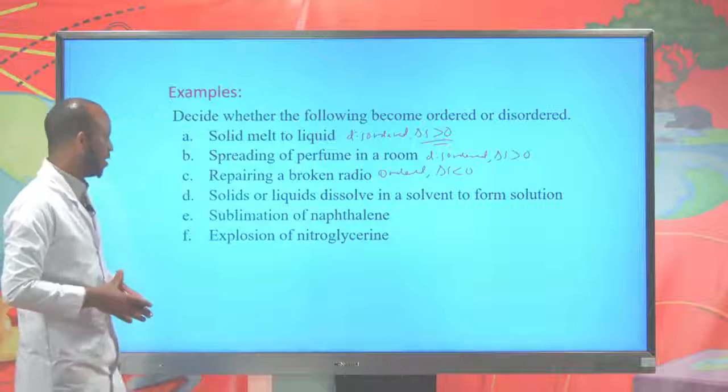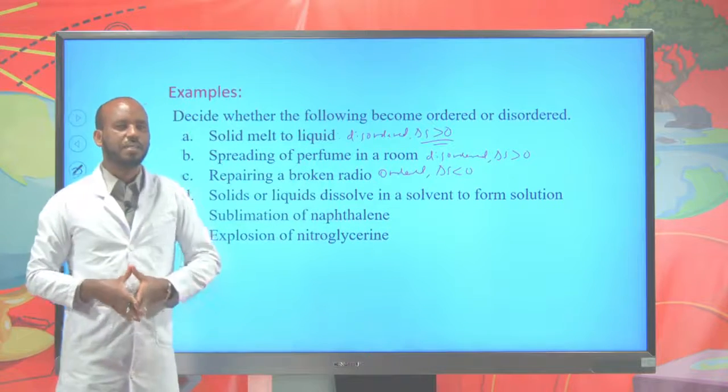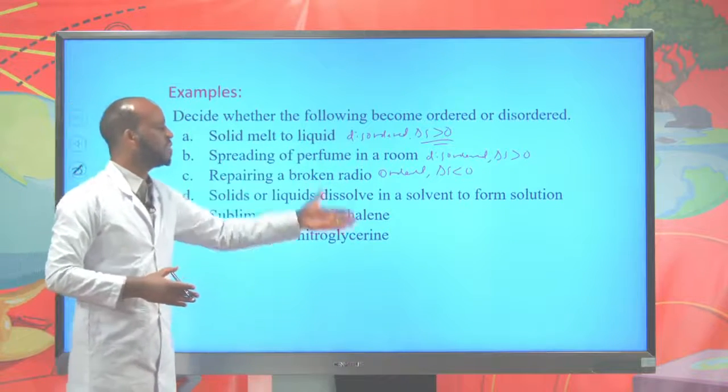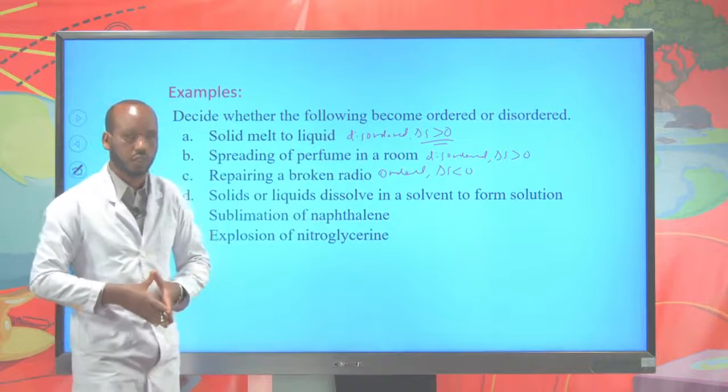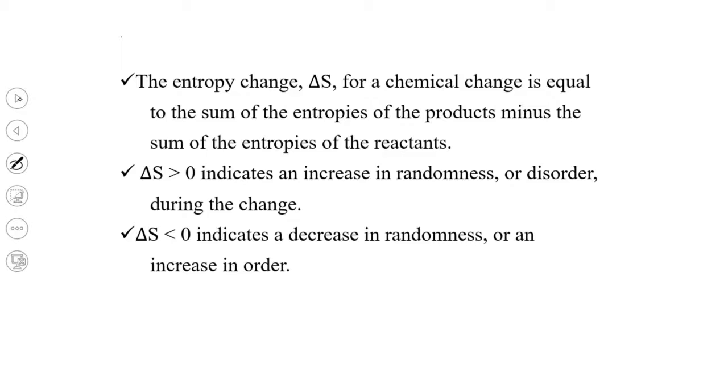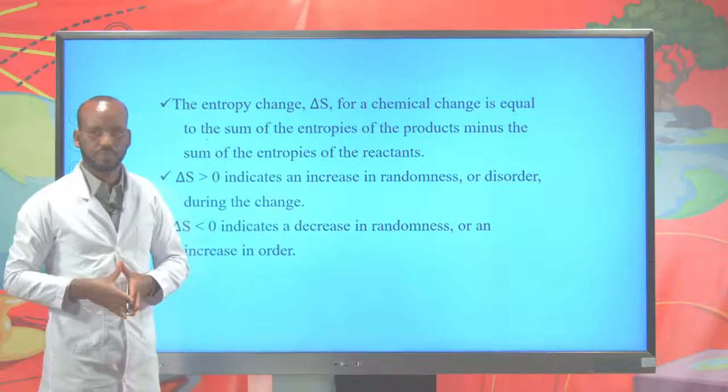Therefore, entropy is the measure of degree of randomness or disorder of a system that undergoes a change. The entropy change delta S for a chemical change is equal to the sum of the entropies of the products minus the sum of the entropies of the reactants.